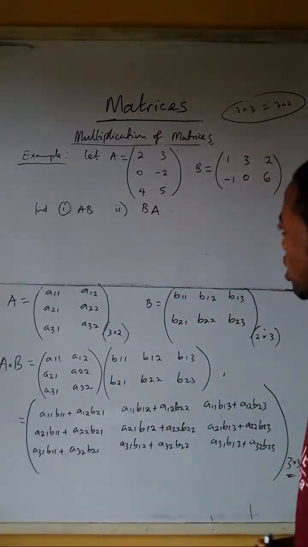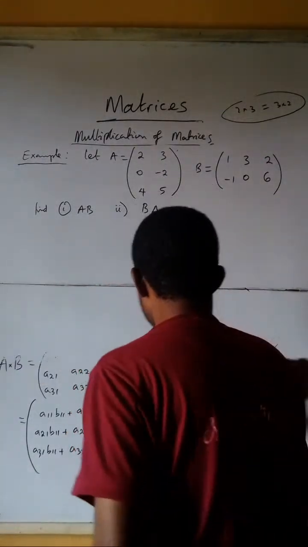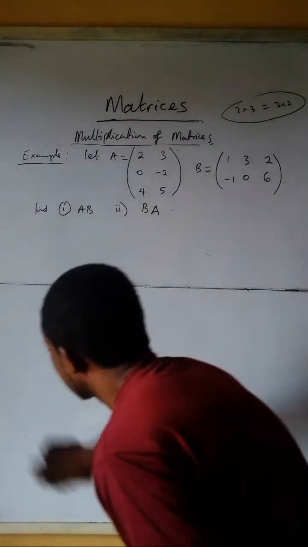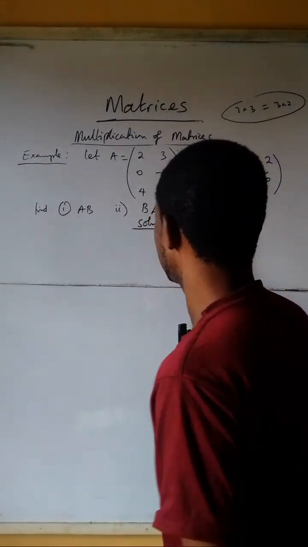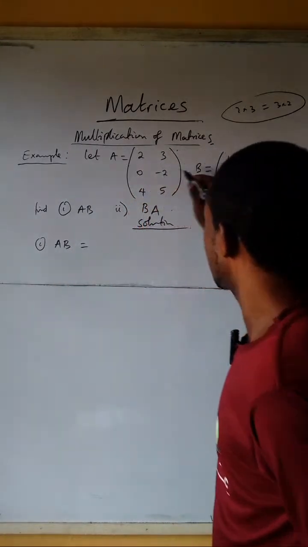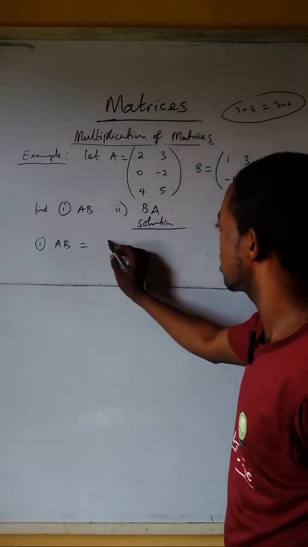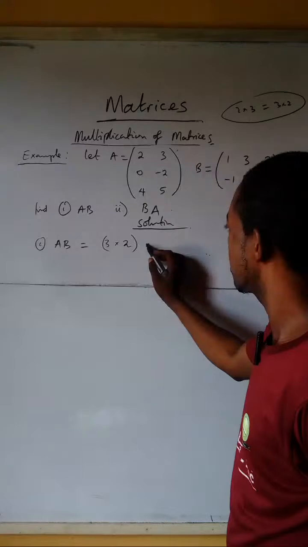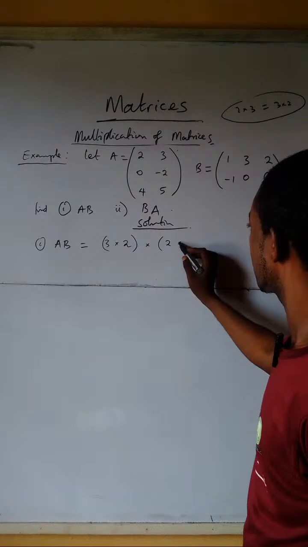Now, let's look at the solution here. The first one is A times B. That is, we multiply A and B. So for AB, one thing is we should look at the order first. The order of matrix A is a 3 by 2 matrix, that is 3 rows and 2 columns. Then we are multiplying it by B, which is 2 rows and 3 columns.